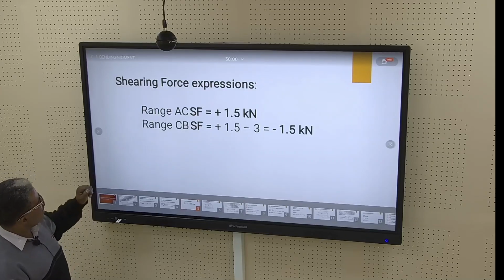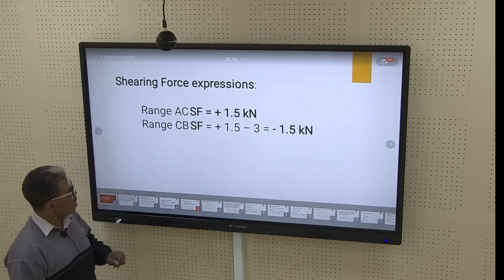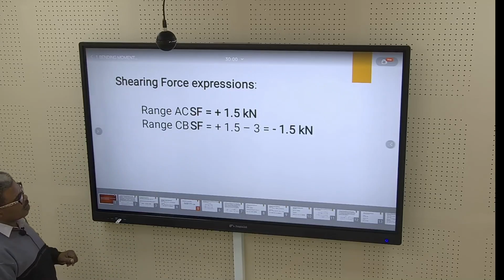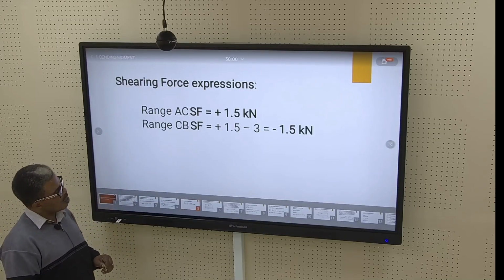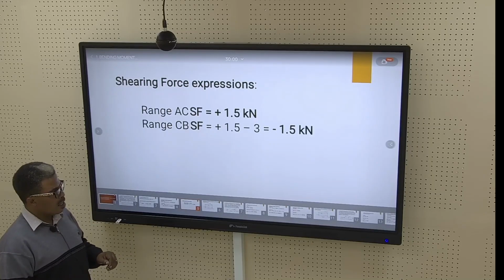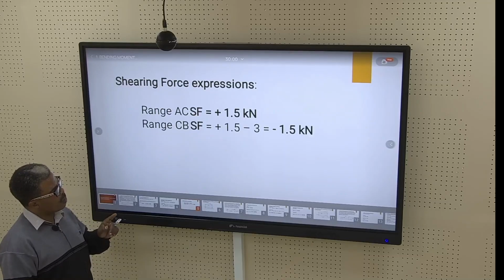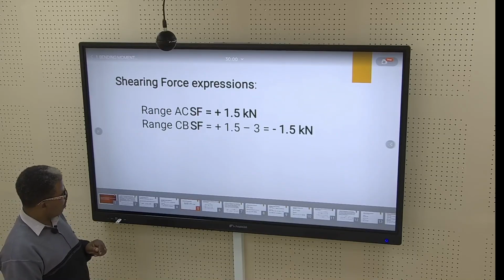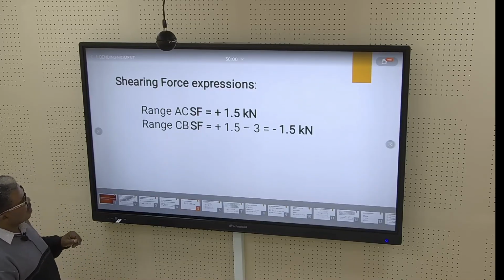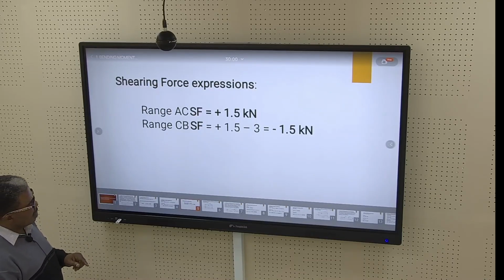For the range of CB, we take the one that was going upwards, subtracting the total force, which is 3, and you get minus 1.5 kilonewton. This means the direction is downwards, so it's indicated by a negative sign.